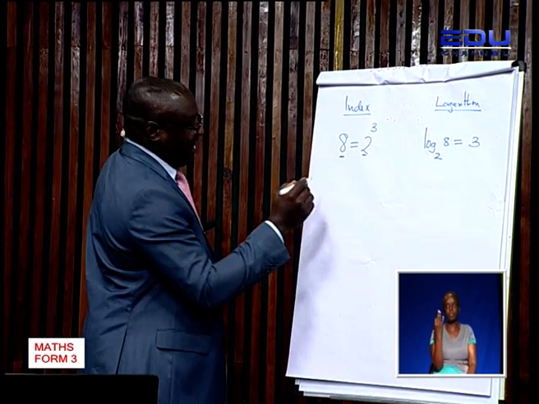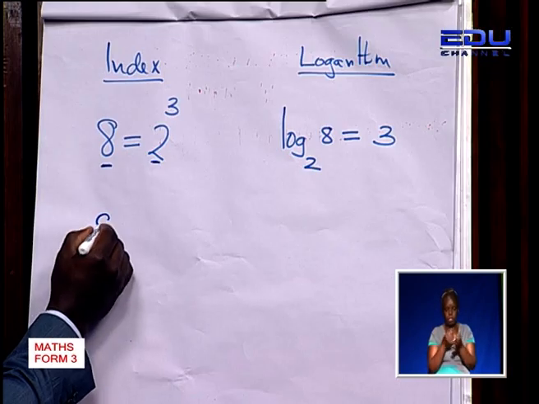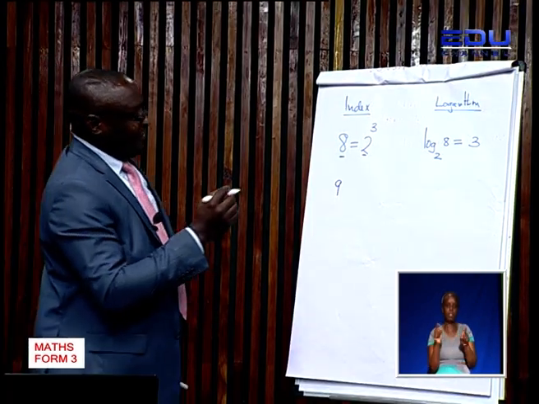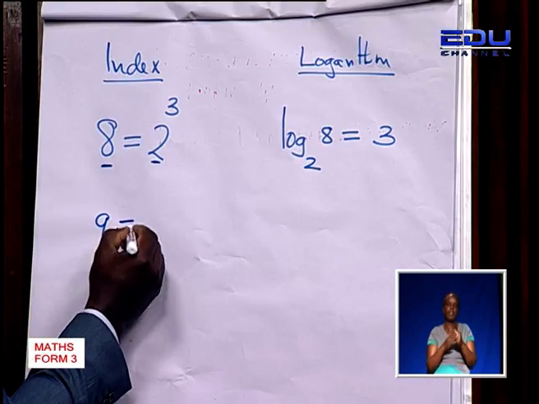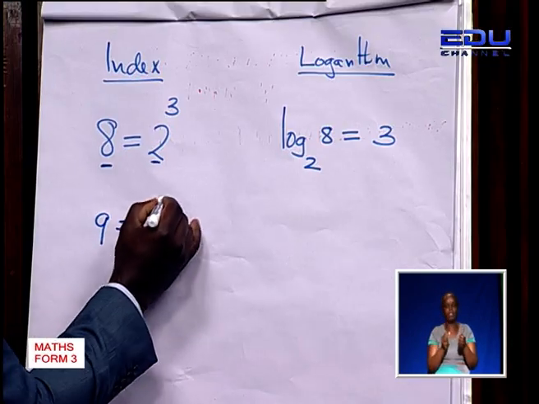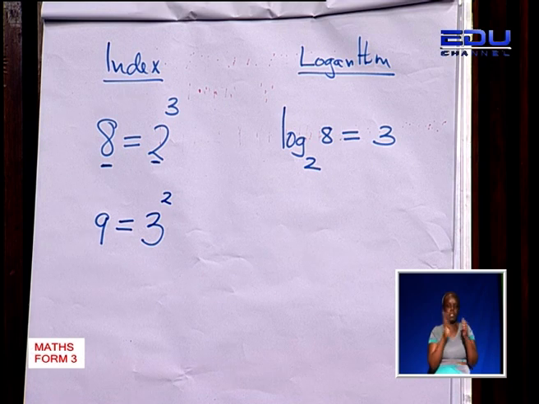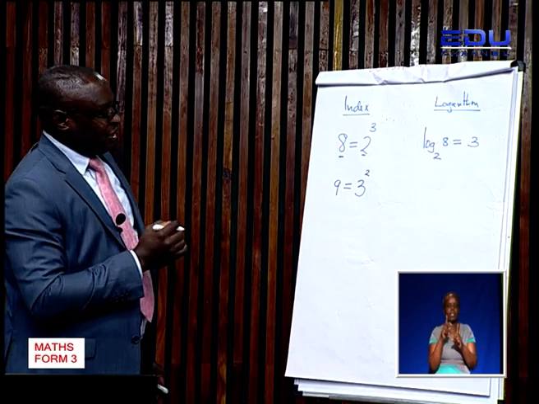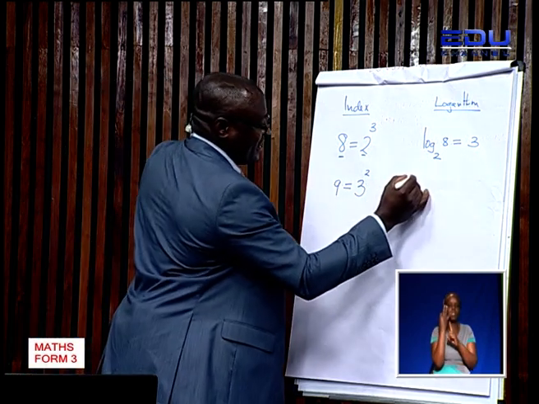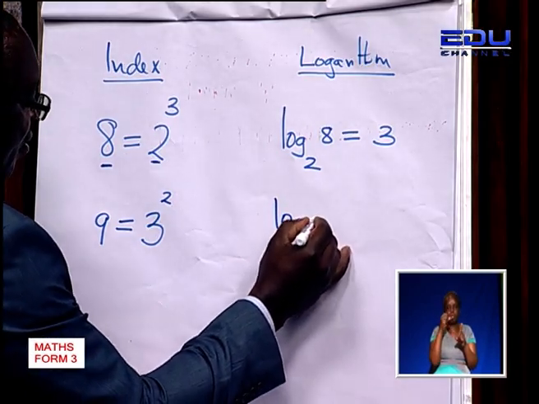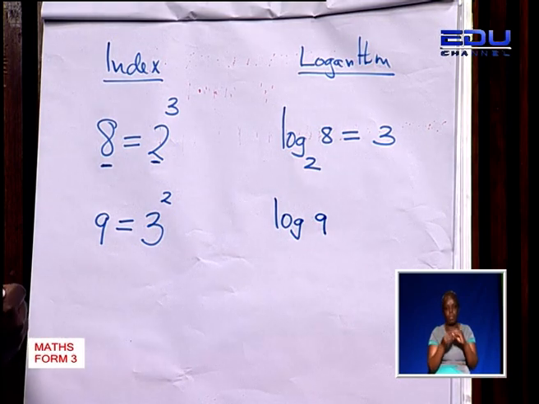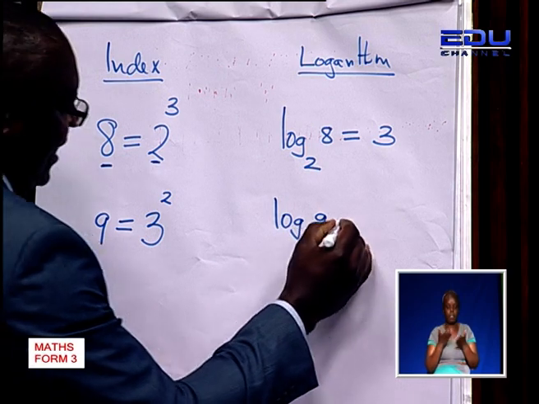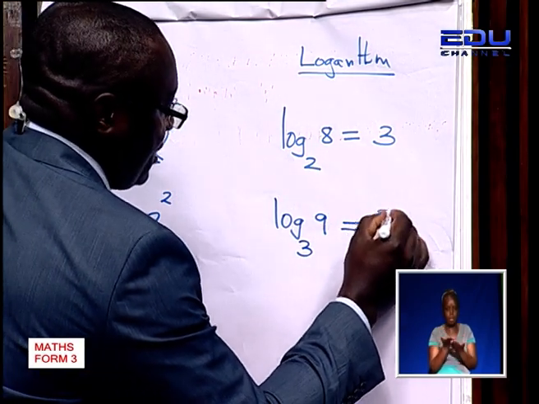In a similar way, if I give you 9, write this 9 in the index notation. 9 is 3 raised to the power of 2. If we want to change that to the logarithm notation, I'll say this is the logarithm of the number 9, and the base this time round is 3, and my answer would be 2.